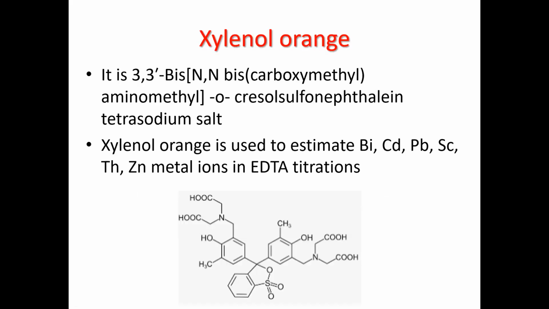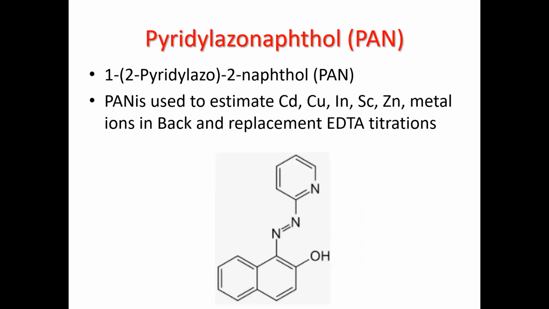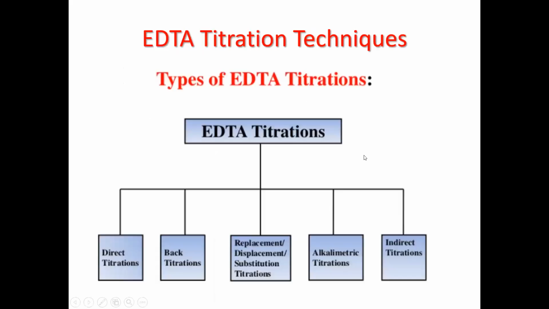Xylenol orange, this is the structure, is also used to estimate the levels of bismuth, cadmium, lead, scandium, thorium, and zinc metal ions using EDTA as a titrant. Then we have pyridylazonaphthol, simply called PAN, which is used to estimate levels of cadmium, copper, indium, scandium, and zinc metal ions in back titration and EDTA replacement titrations.